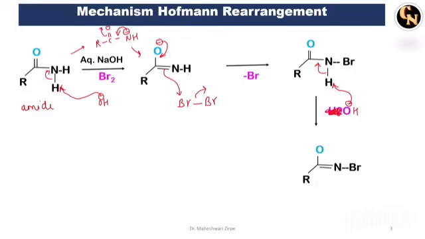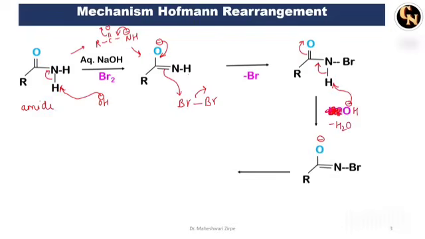I have just shifted the pair of electrons from here, and oxygen will carry a negative charge. So this is the step we get, that is R C O minus double bond N Br. OH minus has grabbed the proton, and ultimately it has eliminated H2O. So this way you are going to get the next step.